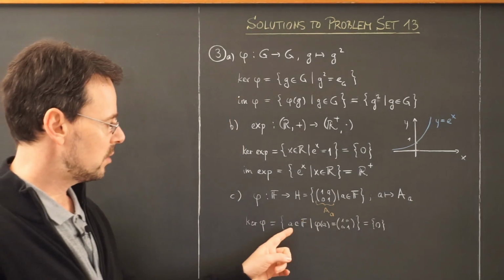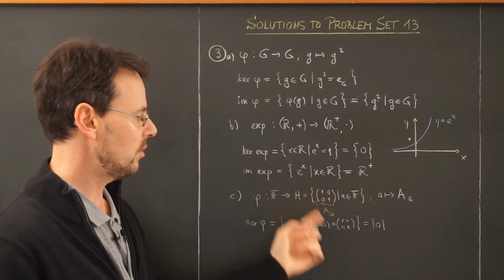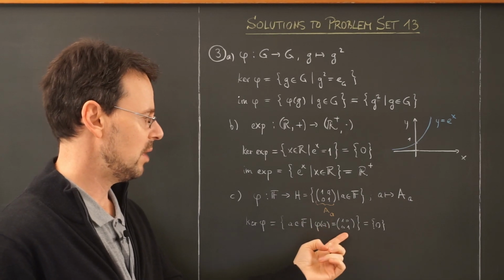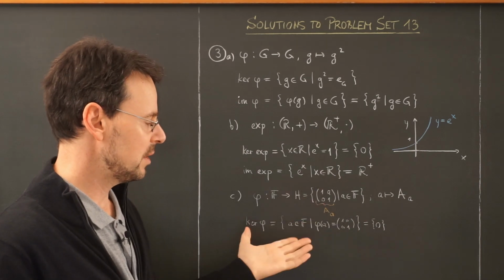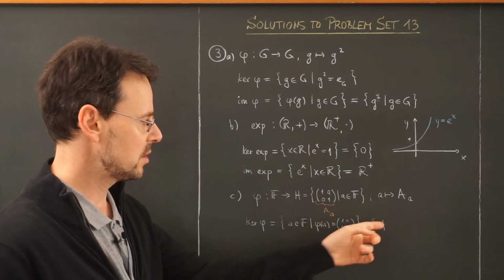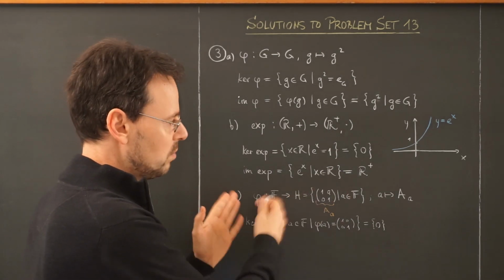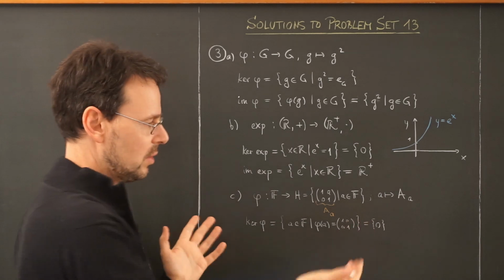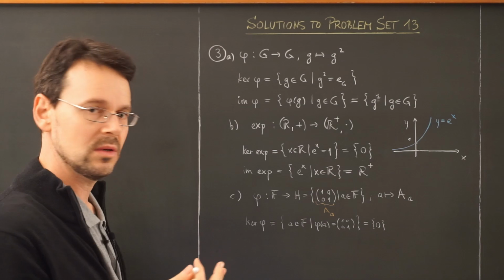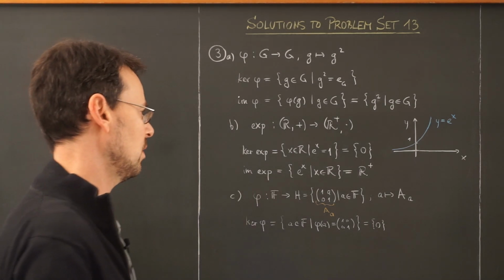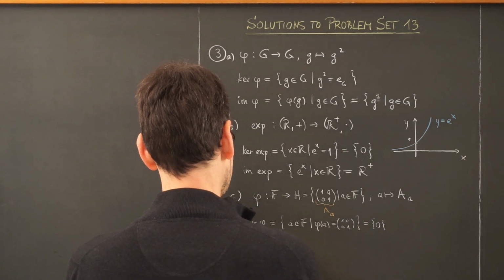By definition, it consists of all the field elements that get mapped to the identity of this group, which is clearly the identity matrix, but then it's evident that only 0 fulfills this requirement, so the kernel is trivial and we have an injective homomorphism, which should be self-evident even without looking at the kernel, because, yeah, just look at that. If you understood injectivity, then you see with one glance that this map is injective.